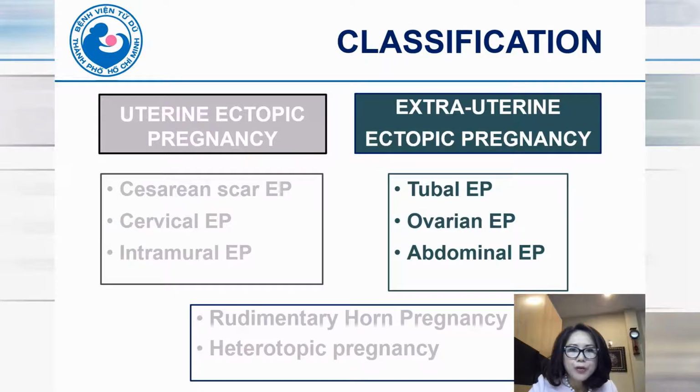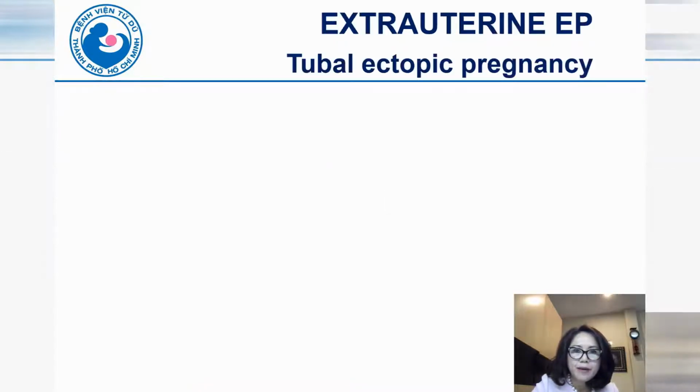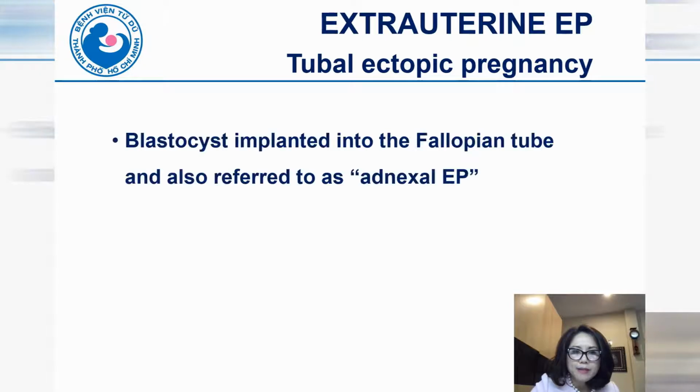And now we move to the second group of ectopic pregnancy, the extrauterine ectopic pregnancy. Tubal ectopic pregnancy occurs when the blastocyst implants into the fallopian tube, and is also referred to as adnexal ectopic pregnancy.